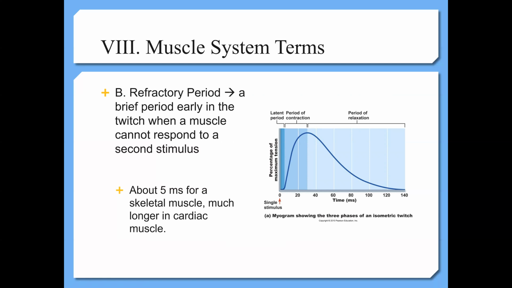We have some other mechanisms that you'll learn in chapter 18. It's much longer in cardiac muscle, because if the heart doesn't fill, then we're not generating cardiac output. If we're not generating cardiac output, we're in a particularly bad situation for the organism.